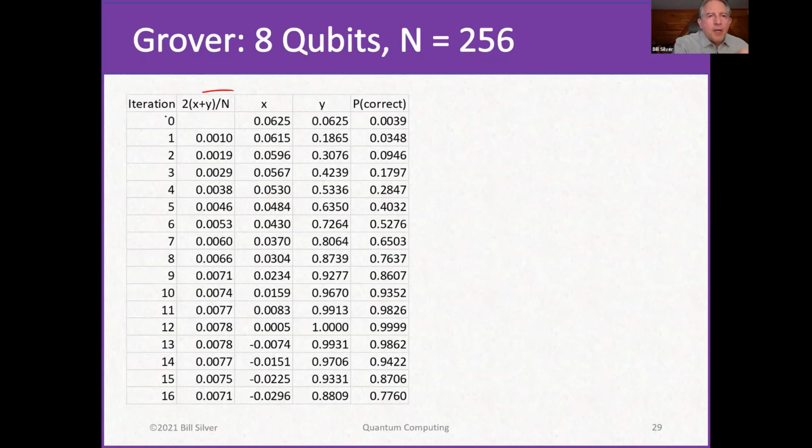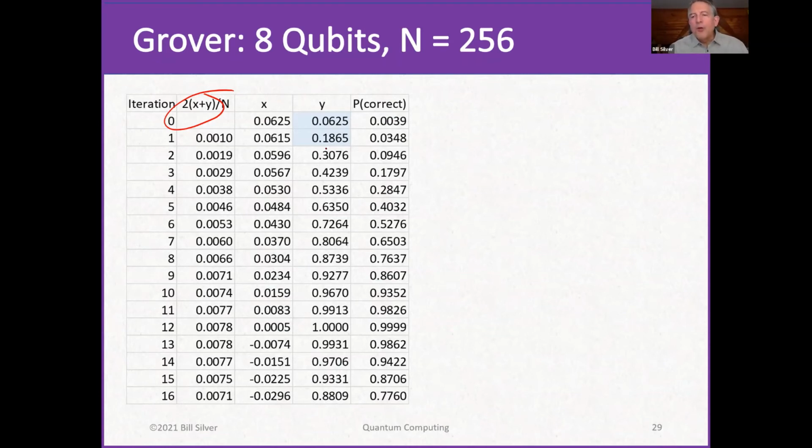This is that common term here, and this is what happens to the x and y components as I iterate Grover. In the final column is the probability that I'm going to measure the correct answer, the winning state. The first thing I noticed is that indeed the y amplitude is very close to tripled after the first iteration. We kind of expected that geometrically.